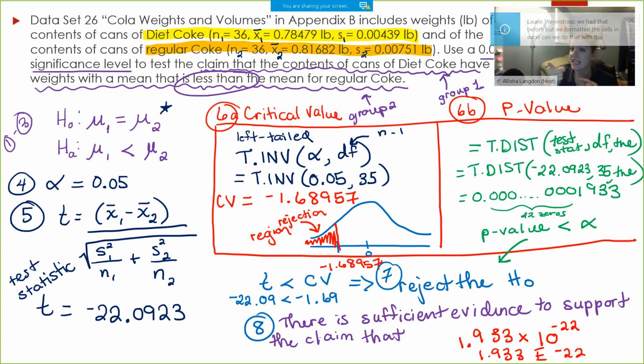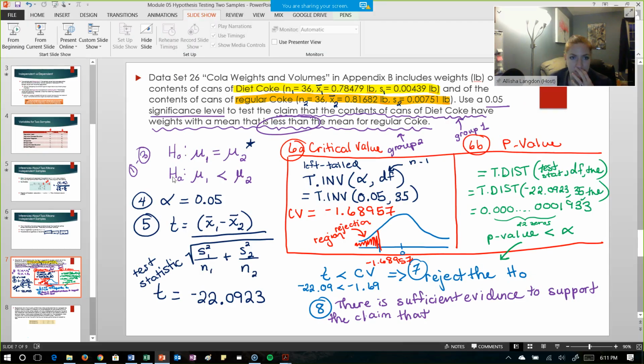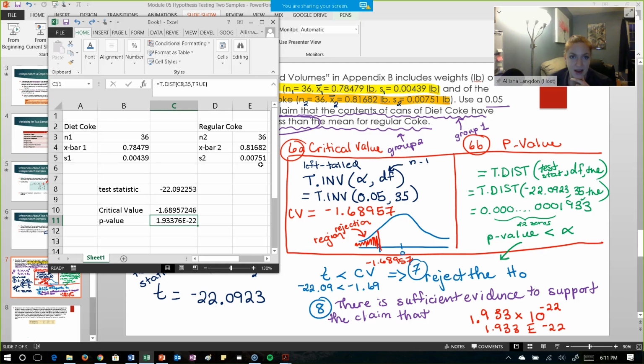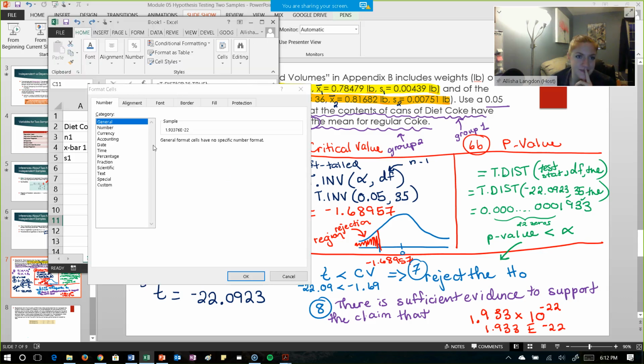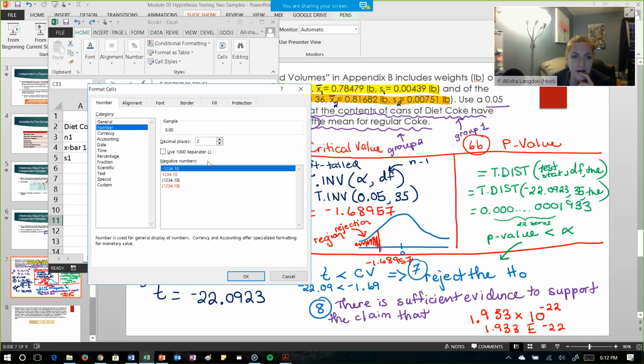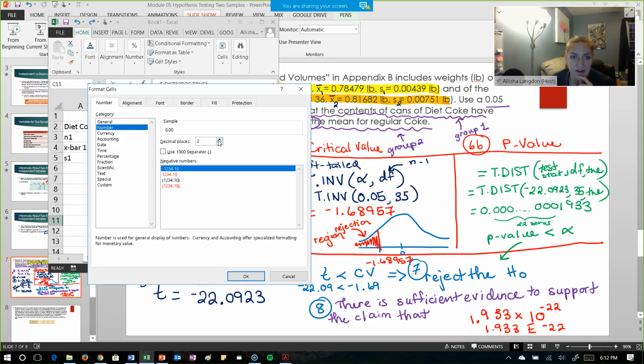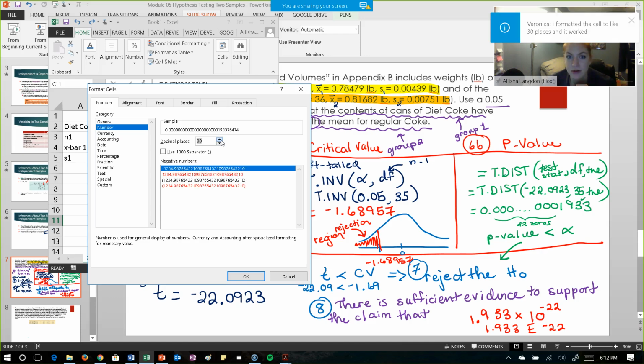Yep, we did have that before, Lori. I love that you remembered that. Unfortunately, to format the cells, you'd right click and then format cells. Let's try it for fun. And then for your number, you'd have to do decimal places, like 22.